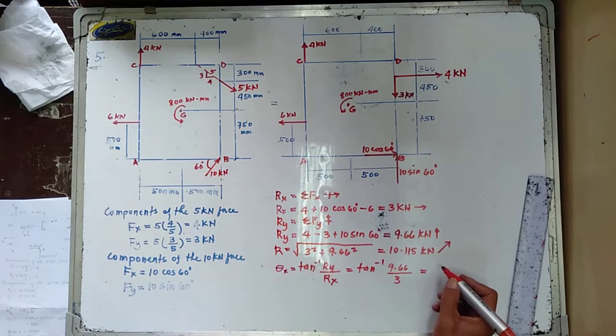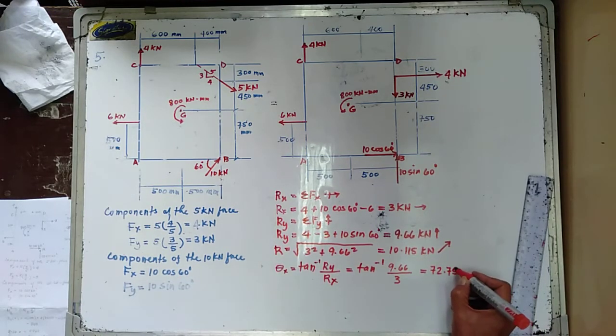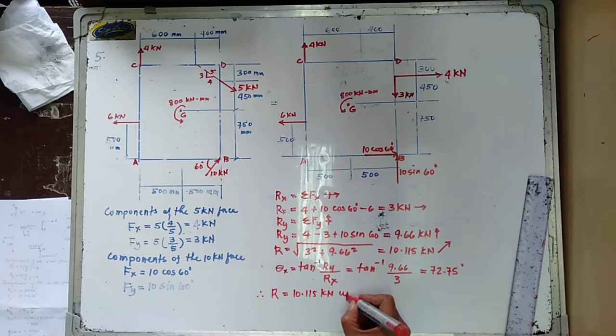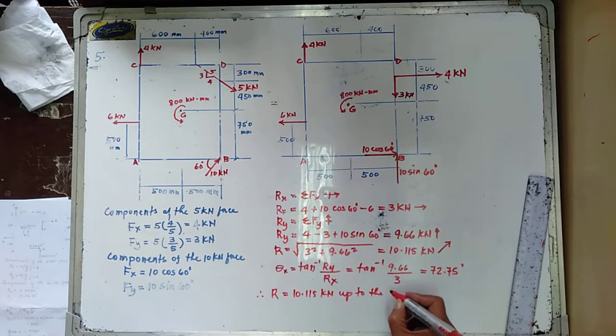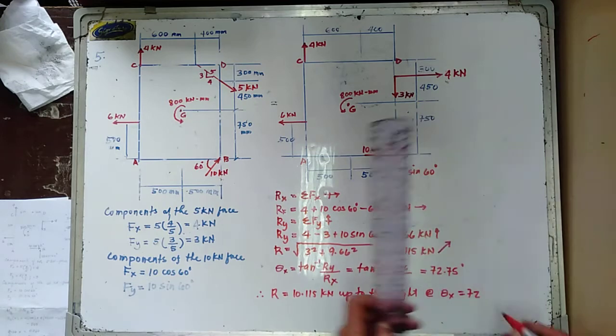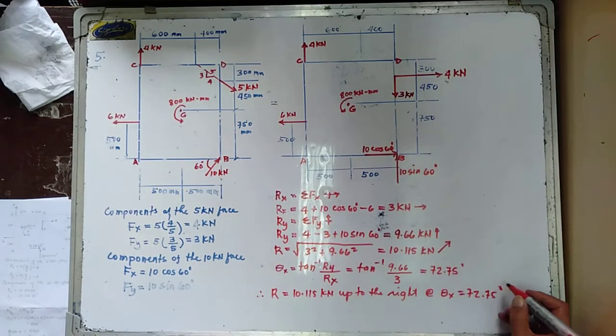Therefore, the angle it makes with the horizontal is equal to 72.75 degrees. Hence, the resultant is equal to 10.115 kilonewtons, up to the right at theta x equal to 72.75 degrees.